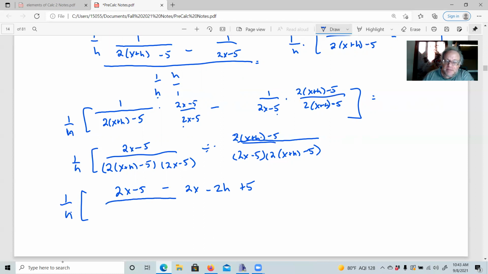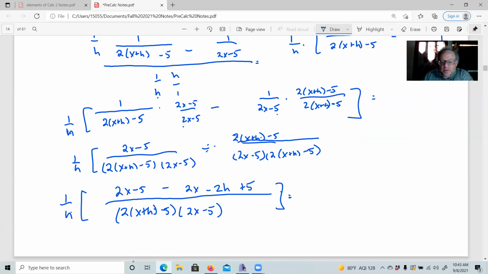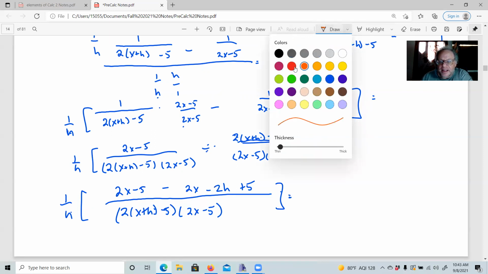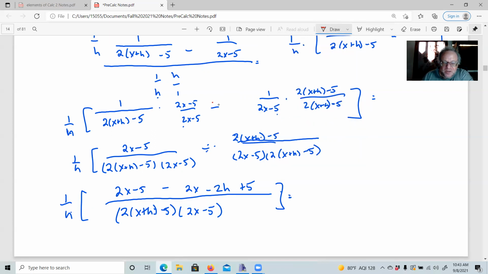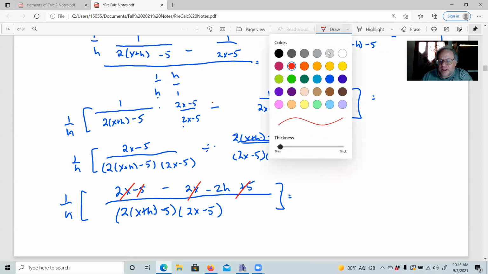If you're going to make a mistake, that's where it is. Oh, there's some stuff that cancels now, isn't there? Isn't that great? So we have 2x minus 2x, minus 5 plus 5. We should be drawing that.